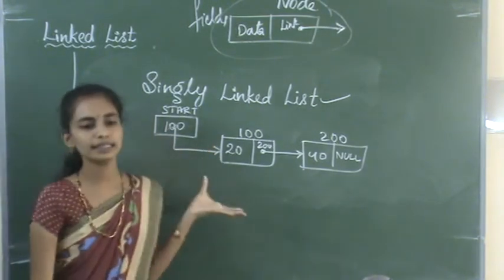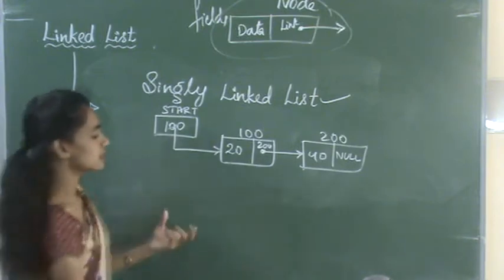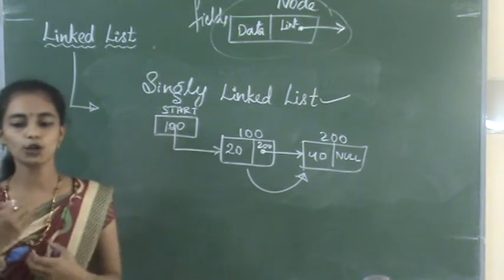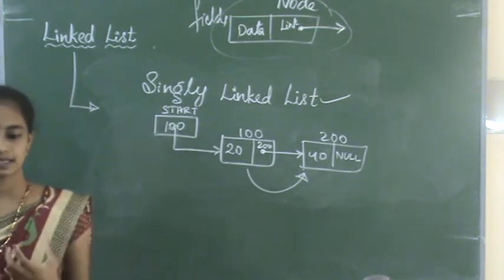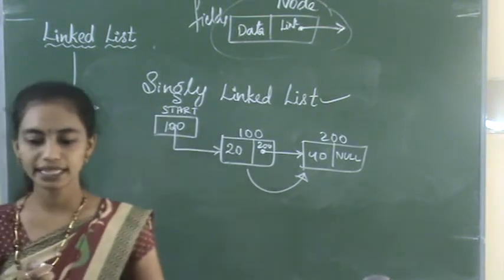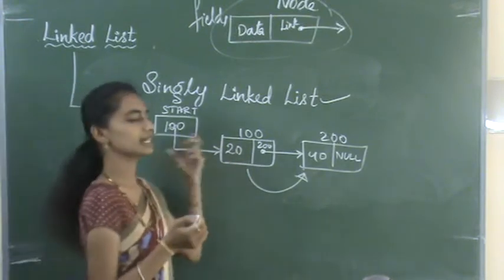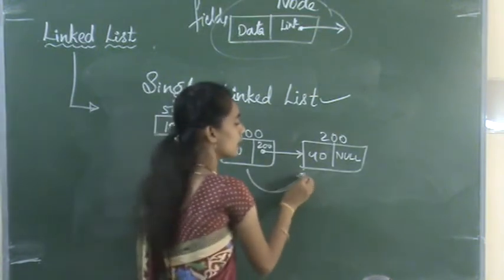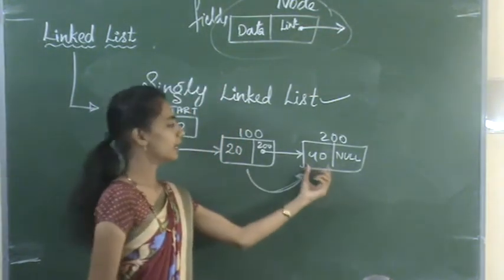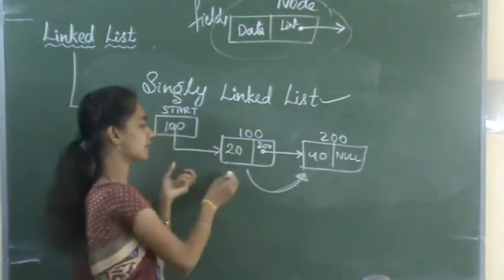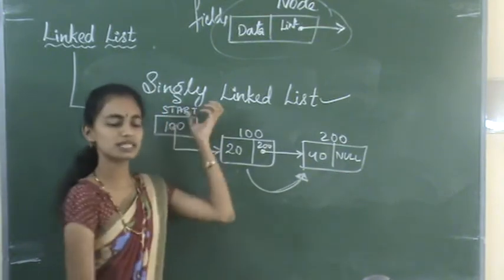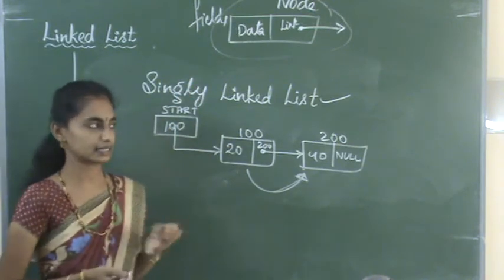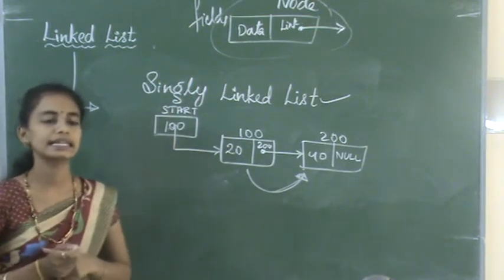In this singly linked list, we can access the next node, but we cannot access the previous node. So this is one disadvantage of singly linked list.